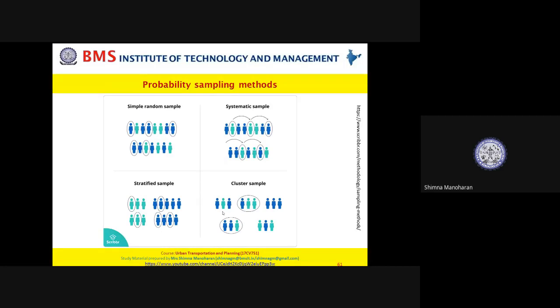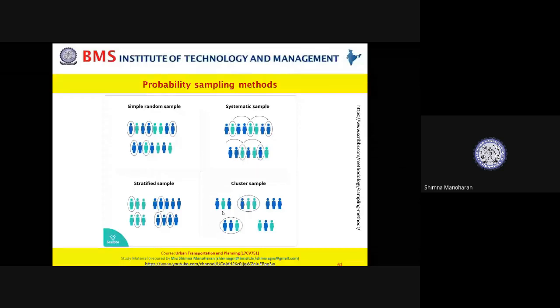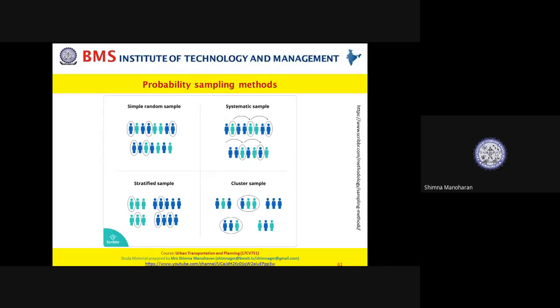So here the entire population is divided into subgroups, and each subgroup should have similar characteristics to the whole sample. Instead of choosing individuals from each subgroup, the entire subgroup is surveyed.